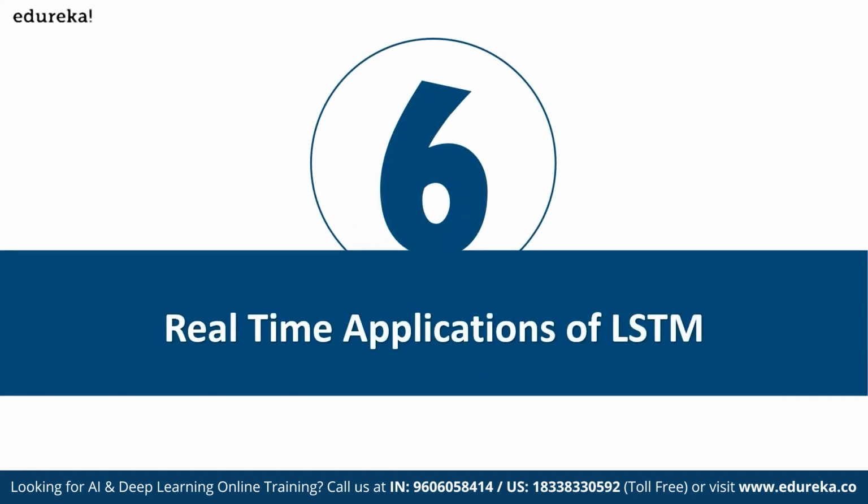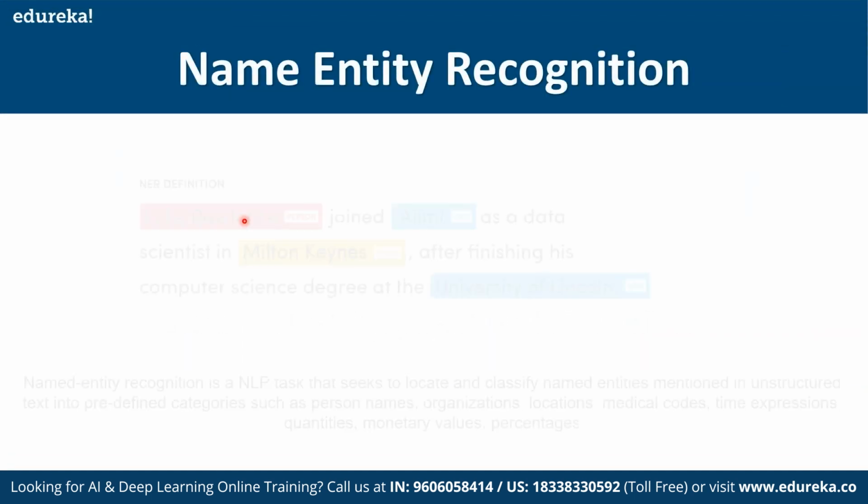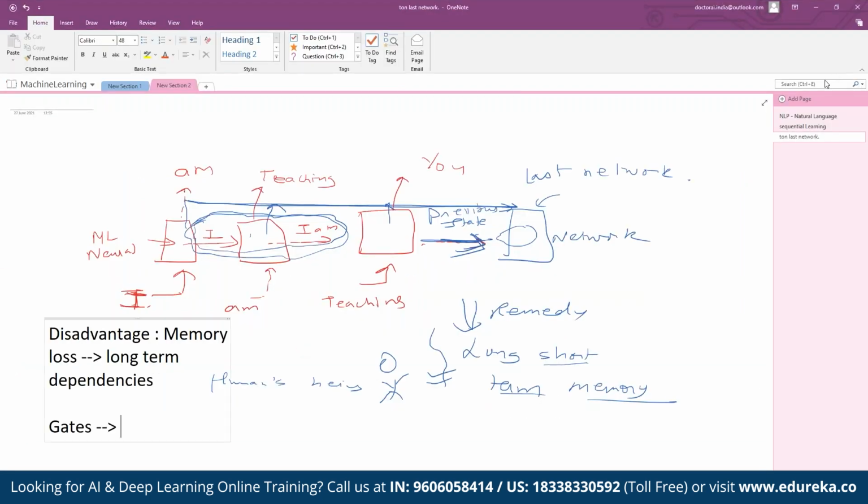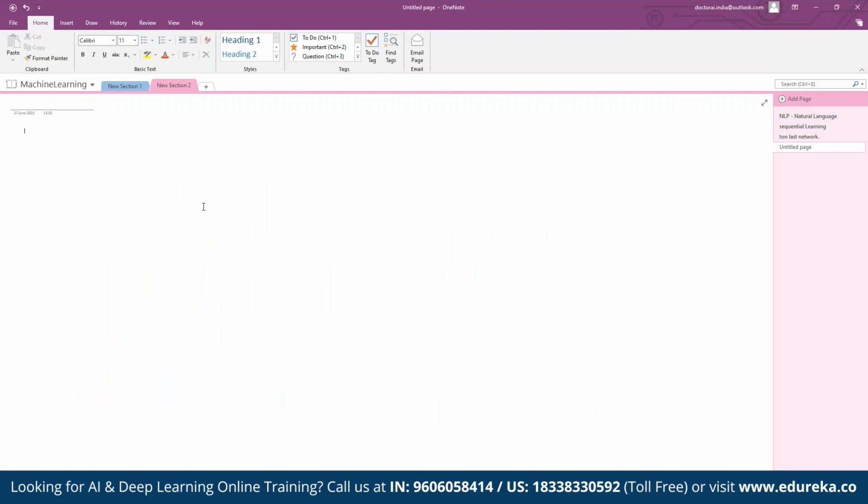Okay, what are the real-time applications of LSTM? NER. This is a very good application. So basically, suppose I write an input to the LSTM. You may have asked Siri a lot of times, or you may have asked Alexa, what is the time, or say, what is the capital of India, right?